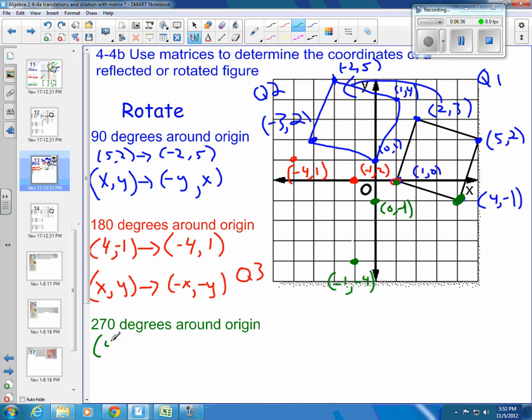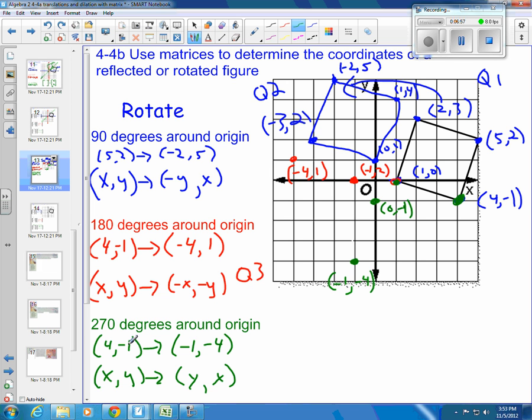So if I was at the point 4, negative 1, my new point is going to be negative 1, negative 4. So if I'm at x, y, my result would be, well, they're changing places again. So I'm going to have my y and then my x.